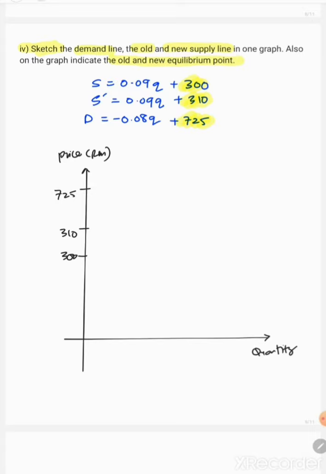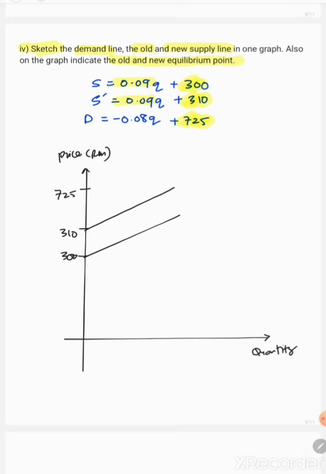For the old supply and the new supply, the slope is the same, right, for these two. This is an increasing graph because the slope is positive, so the graph will be increasing and goes up for these two.